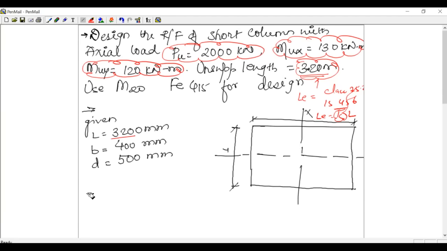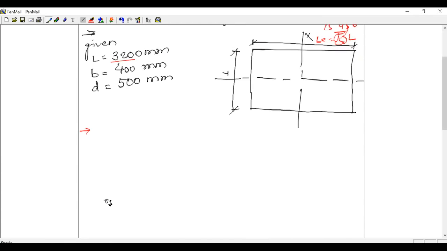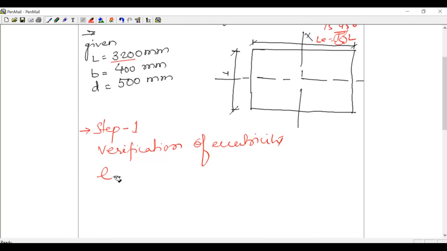So the first and foremost step in the design of axially loaded columns with biaxial bending is verification of eccentricity. So step 1: verification of eccentricity. For eccentricity, we have the minimum eccentricity in both directions, e minimum in x and e minimum in y.